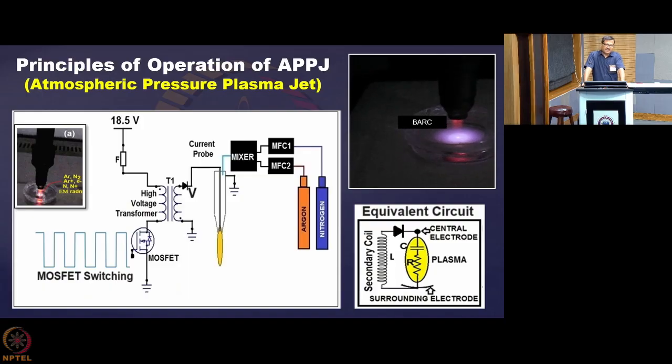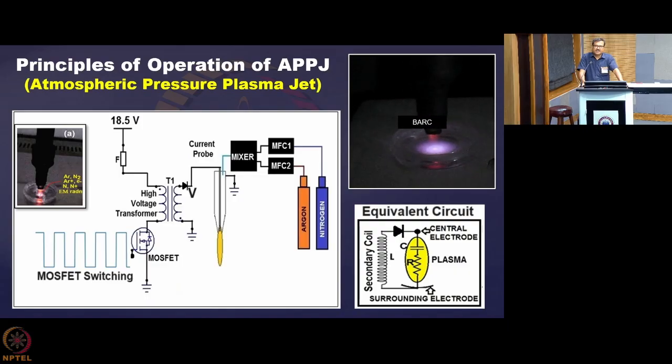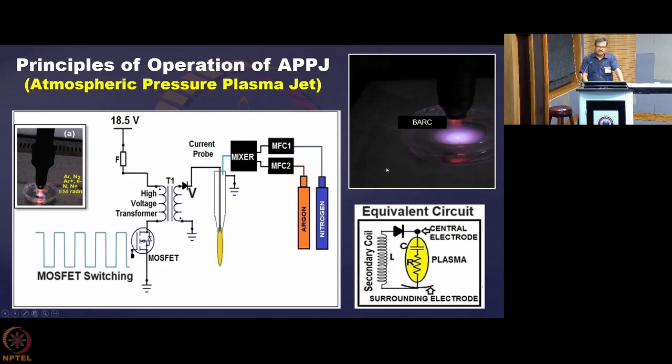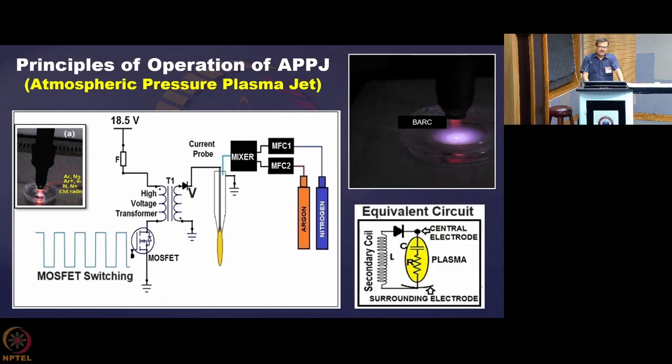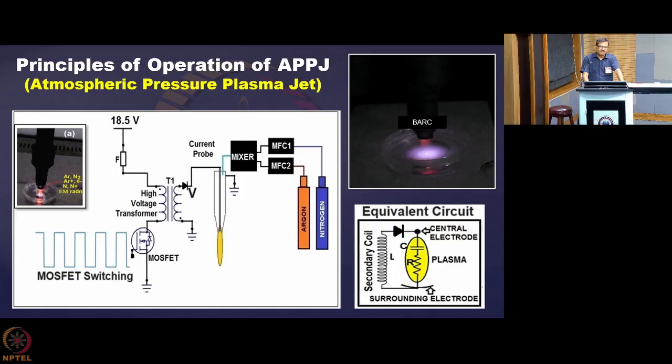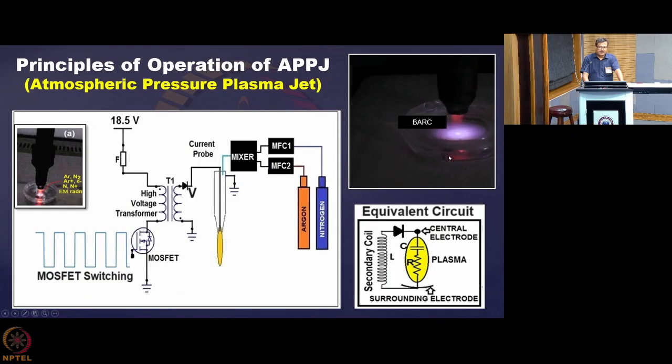And one such plasma jet you are seeing in operation in the upper right corner. What you are basically seeing here explains a lot about the drastic differences between thermal and non-thermal plasma.